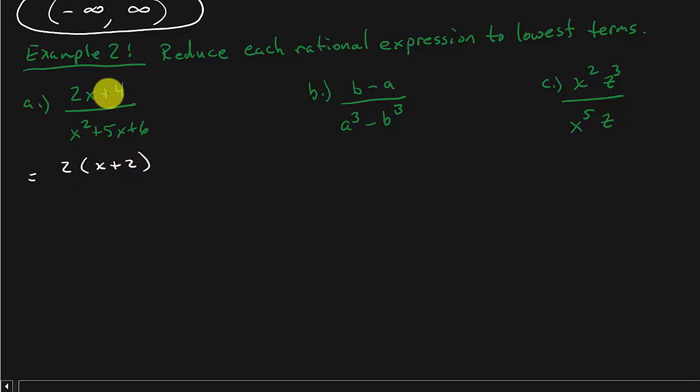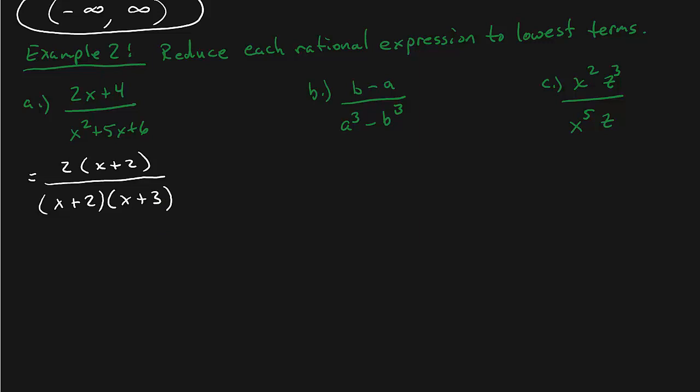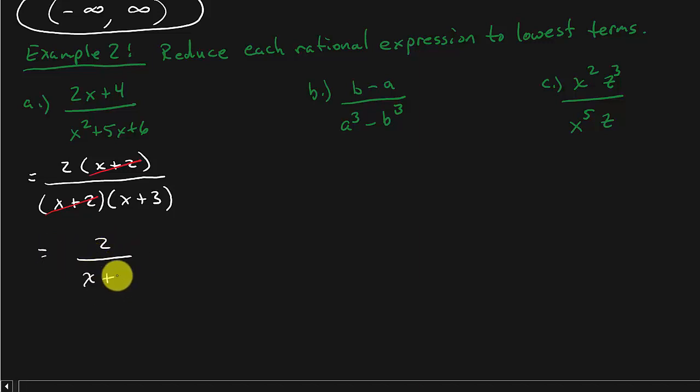So I factor a 2 out here, and then this factors into x plus 2 times x plus 3, all right? And then whatever's in the numerator can be canceled with whatever's in the denominator. So you see here the x plus 2's can cancel. And so that's going to leave me with 2 over x plus 3.